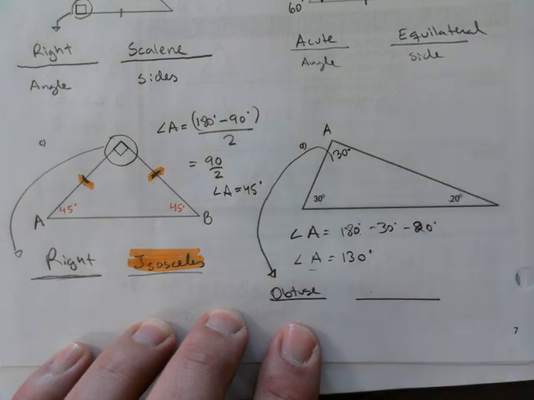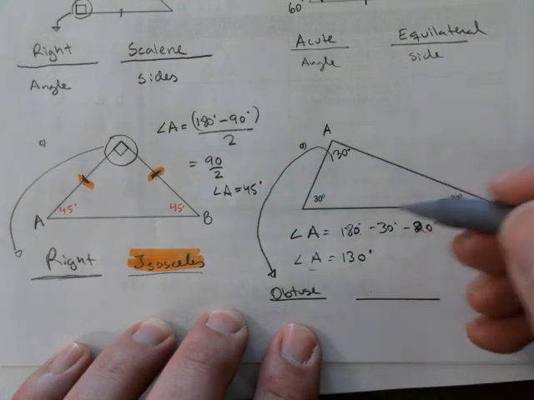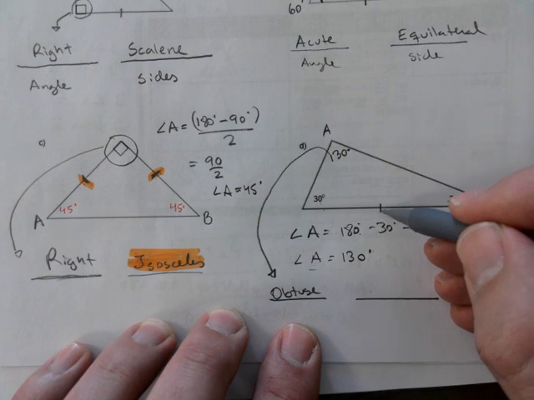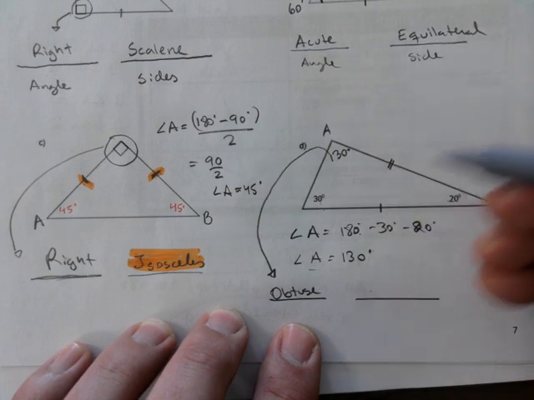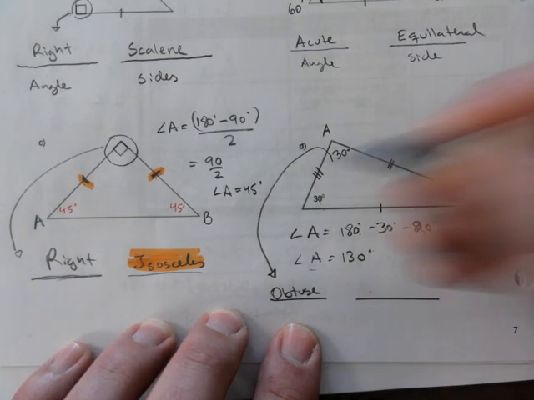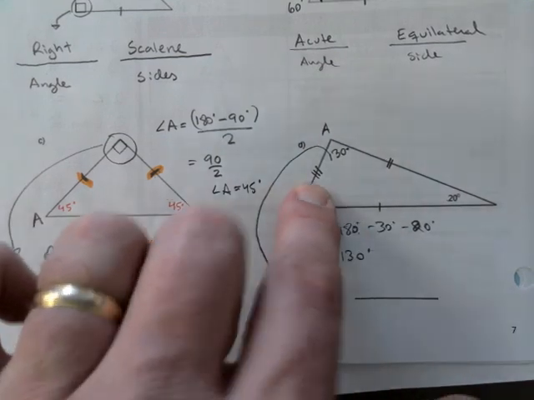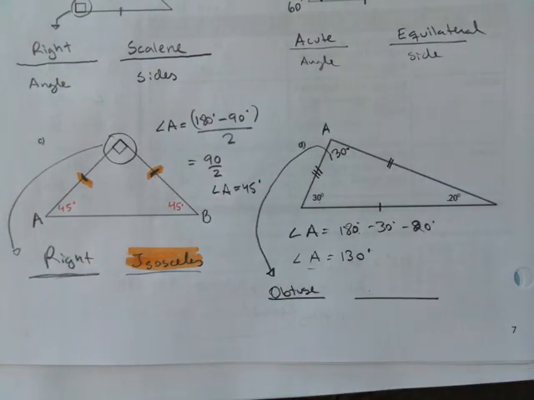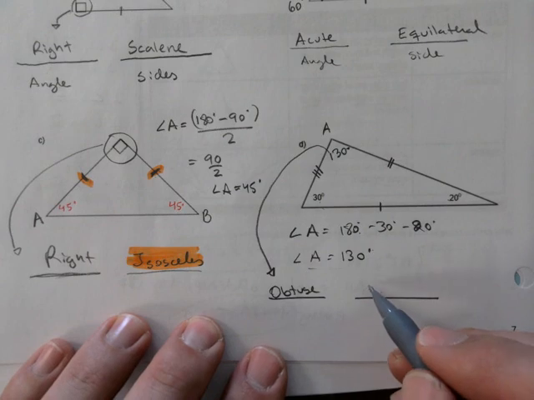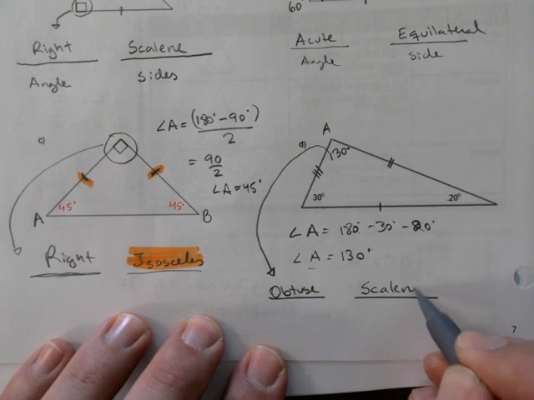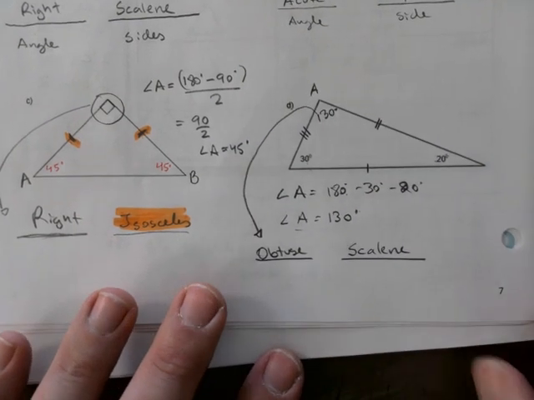Okay. Why is that, Mr. Dirksen? Because all angles are different. So you can actually do this. This would be accurate to say this is different than that, is different than that. All of them have different markings. Okay. So let's write this down. Scalene. I'll make a note here.